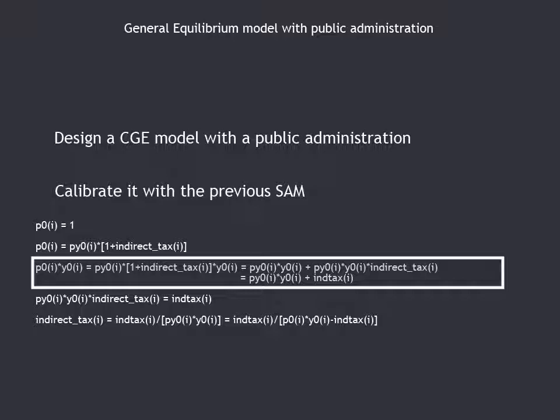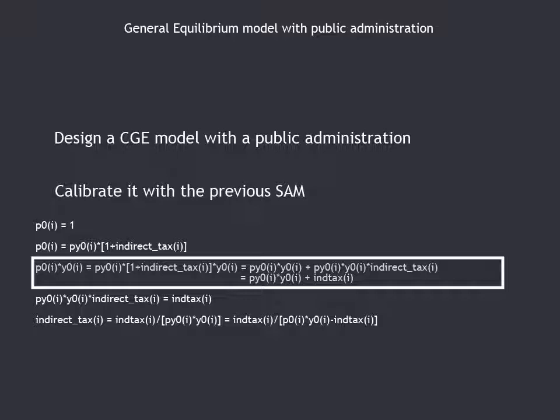And so this last item, this is something that you know because it is in fact the amount of indirect taxations collected in sector I, which you can call, for example, IND-TAX in sector I. This is something that you know from the social accounting matrix.